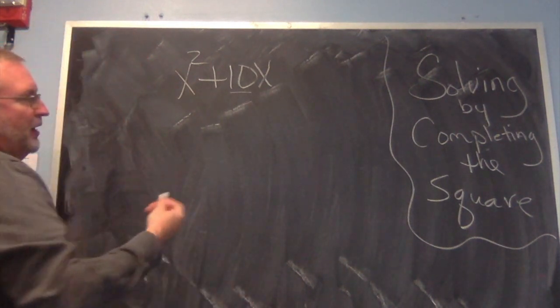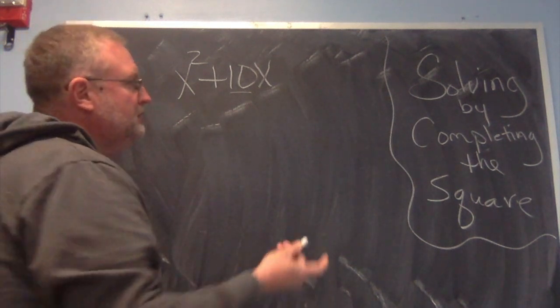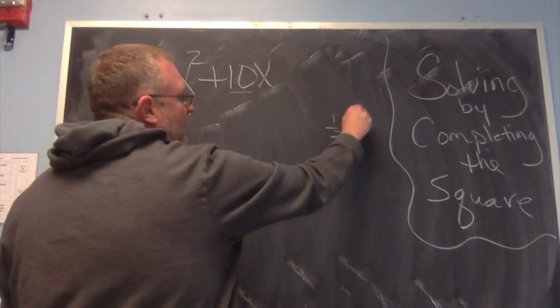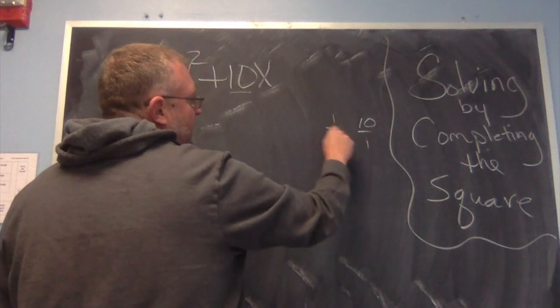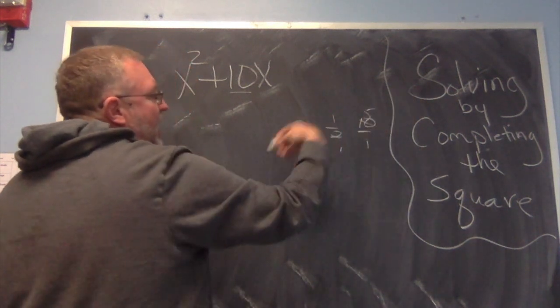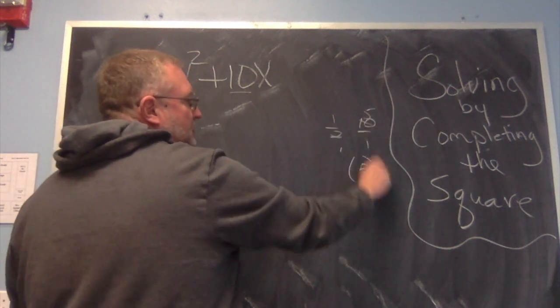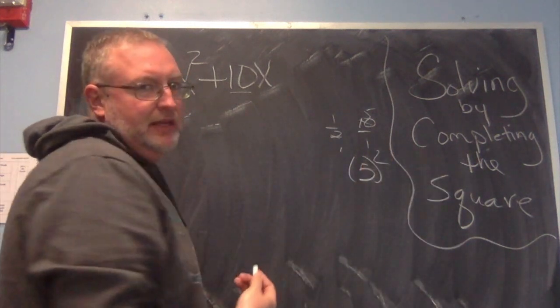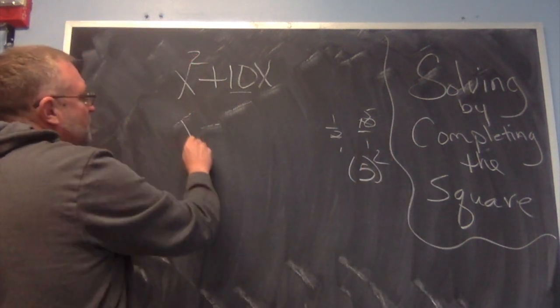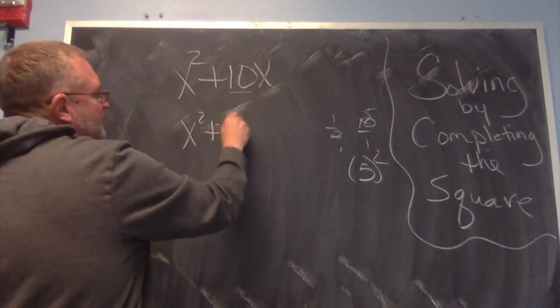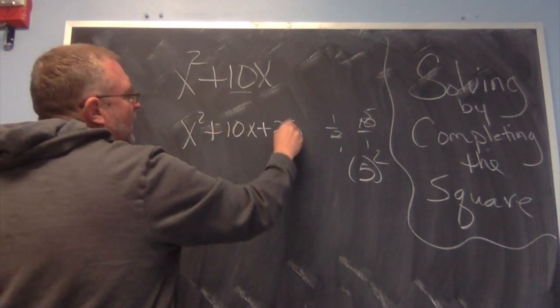We know half of 10 is 5, but just to show you, 1/2 times 10, which equals 5. And then, whatever that answer was, we squared it. In this case, it's 25. So we are going to do x squared plus 10x plus 25.